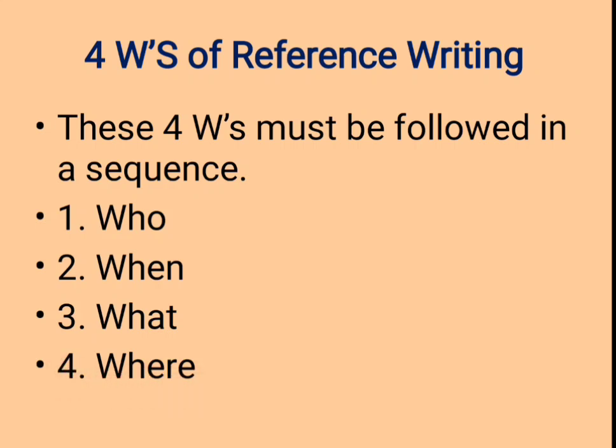For example, who is the author of that specific work? When has that work been published? What is the title of that work? And where did the researcher find that work? So the researcher must follow these 4 W's in this specific sequence: who, when, what, and where.